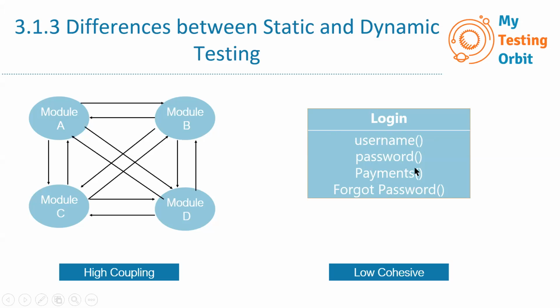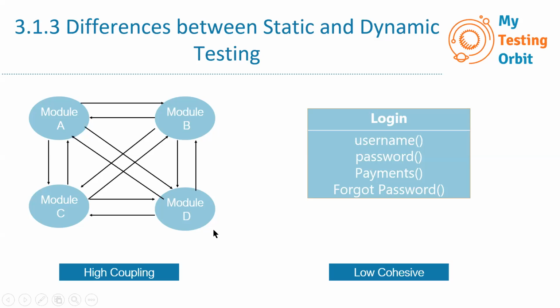When we think about the login functionality, username, password, forgot password relate to this function. But payments doesn't have anything to do with the login module. It doesn't need to be here. It can be somewhere else, maybe in a payments module.